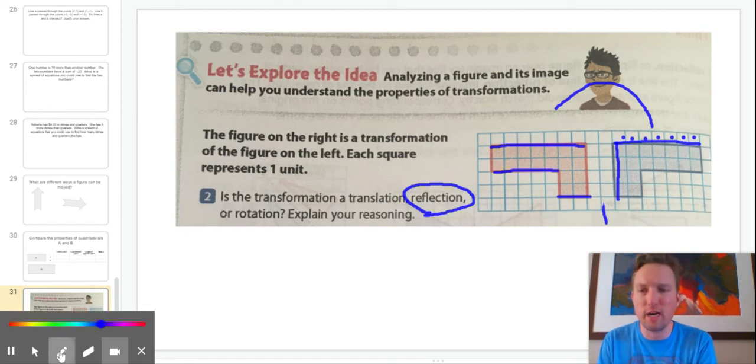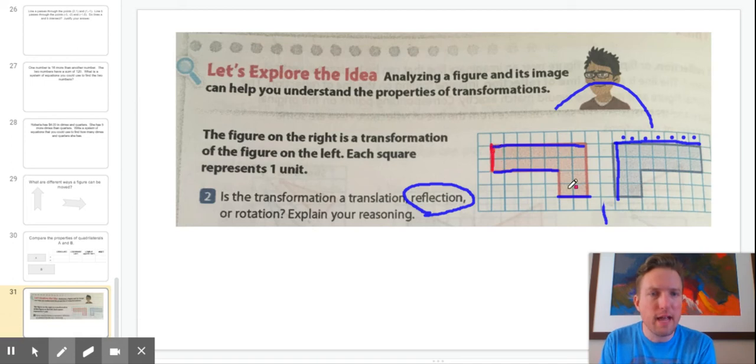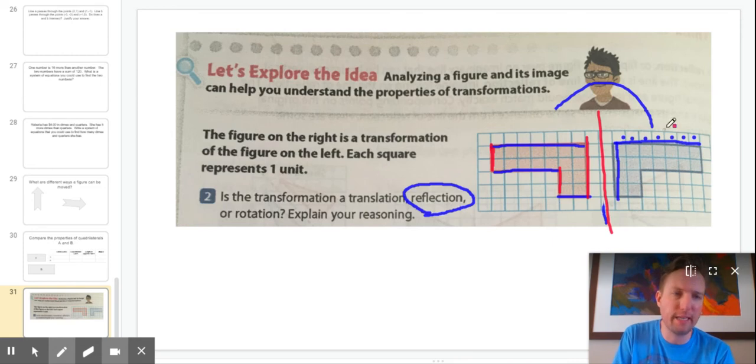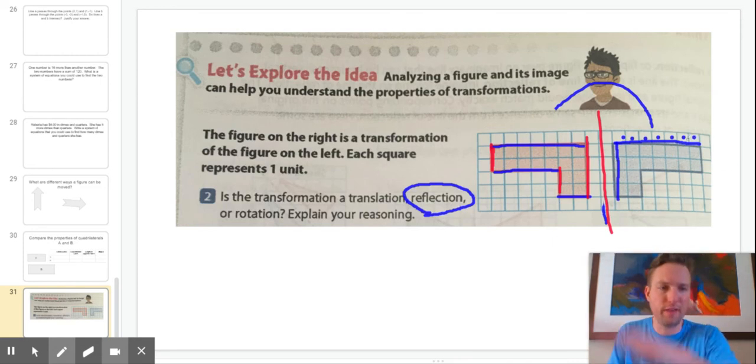And then if we change our colors, it looks to me like this line here and this line here and this line here are all also parallel. So it looks like we have two sets of parallel lines. So if these lines are parallel on the original shape, the reflected shape, the one that we flipped over, also has the same number of parallel lines.